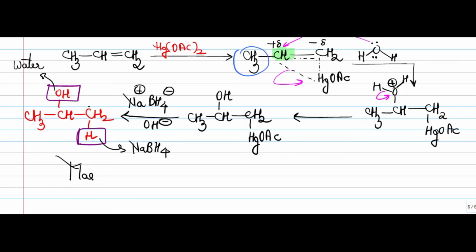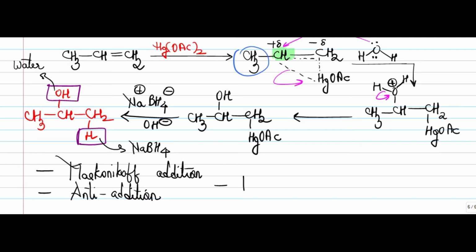As you can see that hydrogen gets added onto the carbon having more hydrogen, so Markovnikov addition, that's the highlight. Second, anti addition, right? Anti addition. And the third most important thing, no rearrangements.